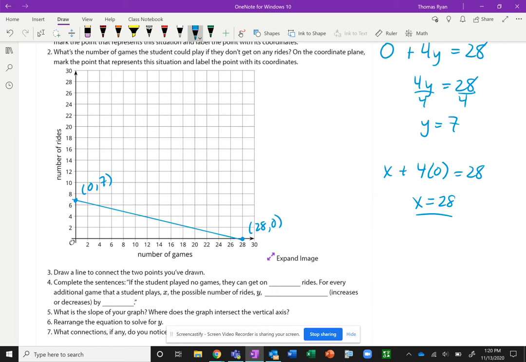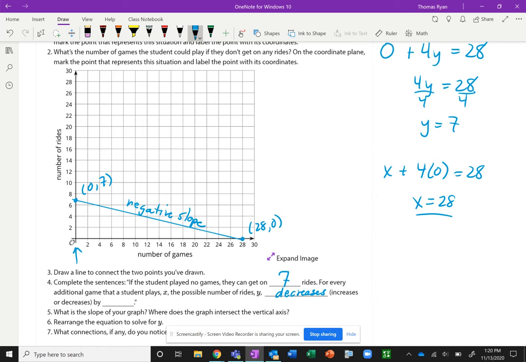If the student played no games, so we're over here at no games, then we found they could get on 7 rides. And for every additional game a student plays, the possible number of rides definitely decreases. We should know that, right? Because as we read left to right, this has negative slope because it's going down. You're sliding down the hill.